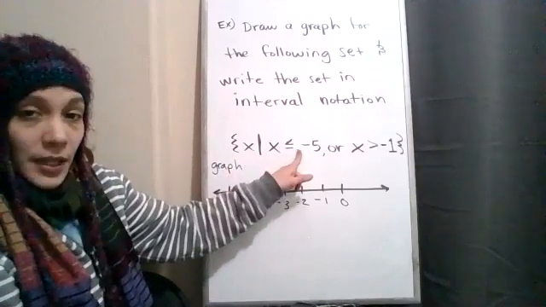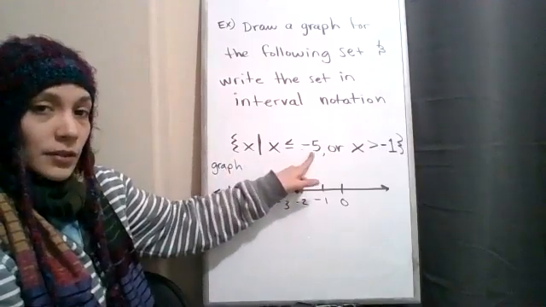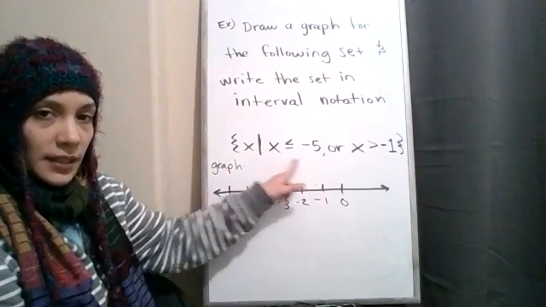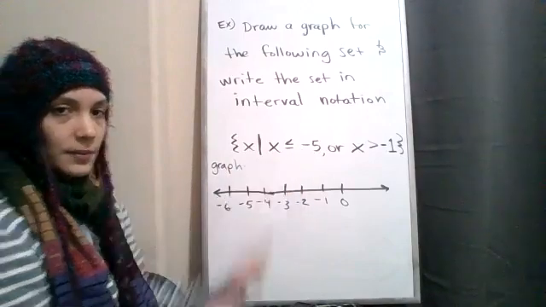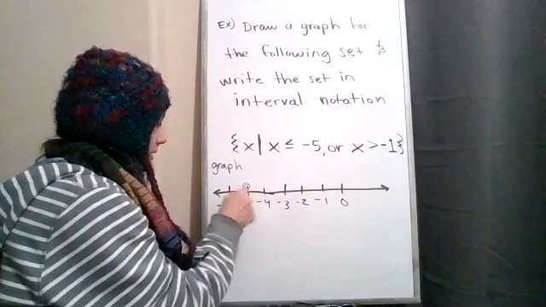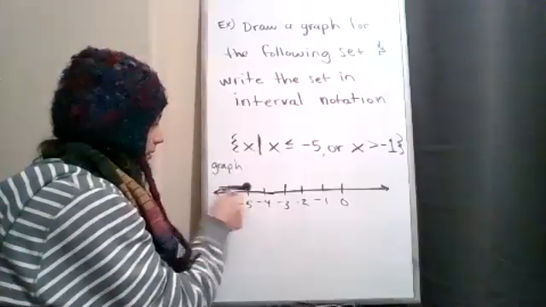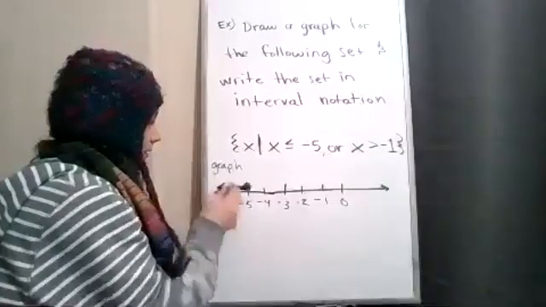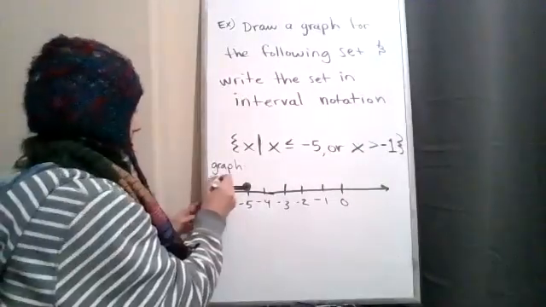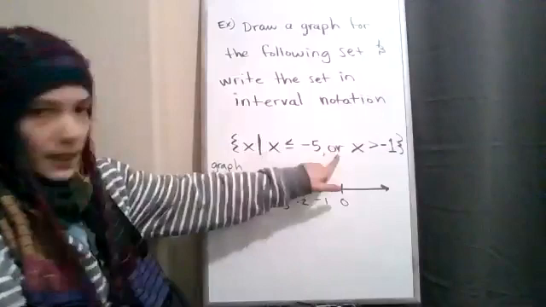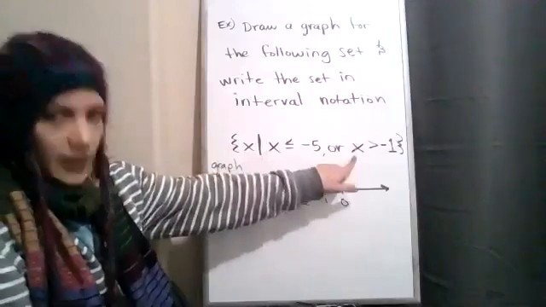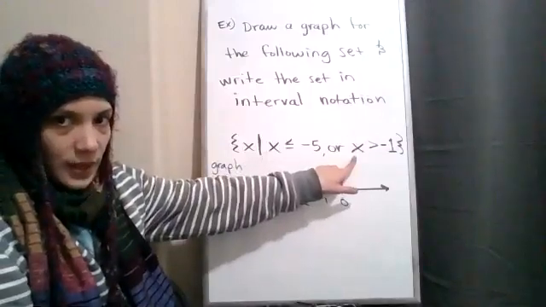We're going to include negative 5, so closed circle there, and then get all the x values that are less than or equal to negative 5. So starting here, and this way. Then this part, or x is greater than negative 1.